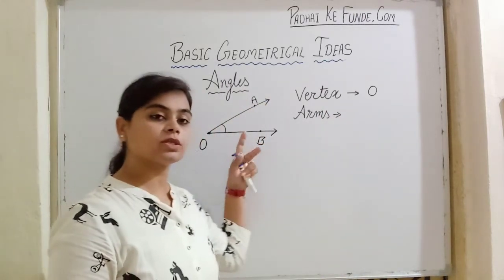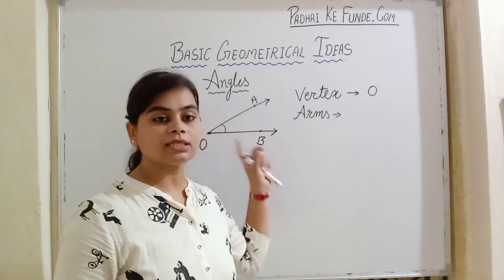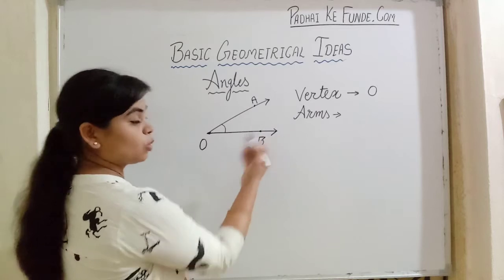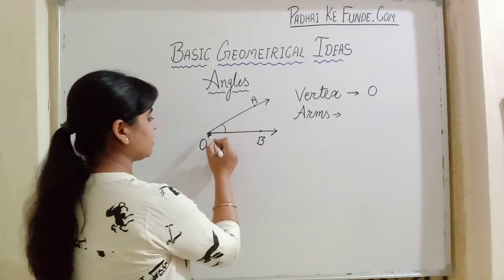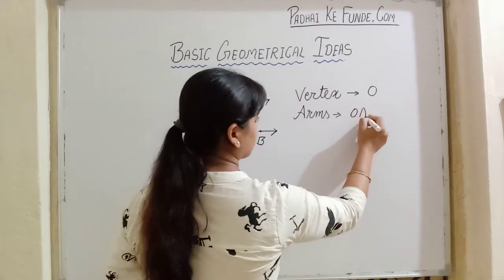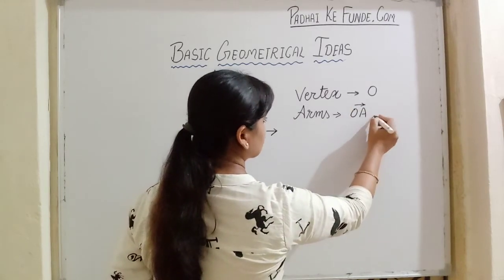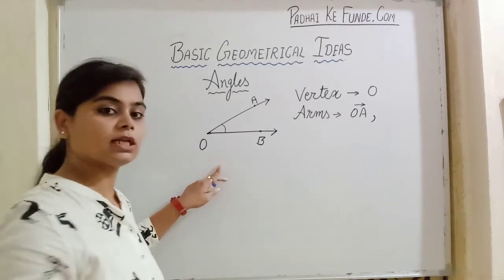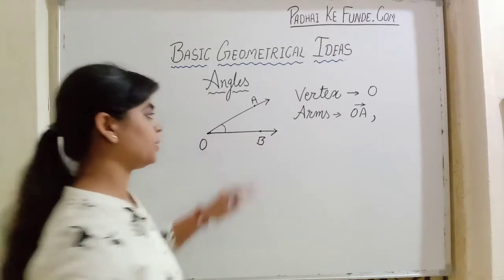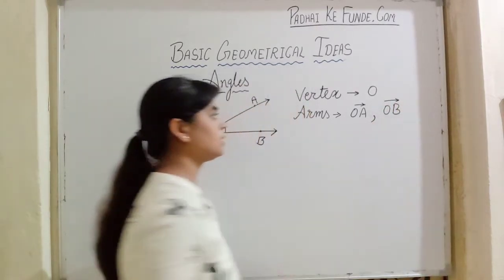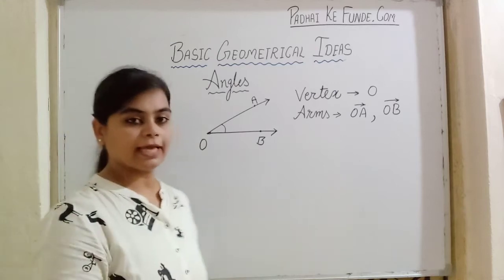The two rays of which the angle is made are known as the arms of the angle. Here we have two rays which make the angle. The first ray is OA, one of the two arms, and the other arm is the ray OB. So these are the parts of this angle.